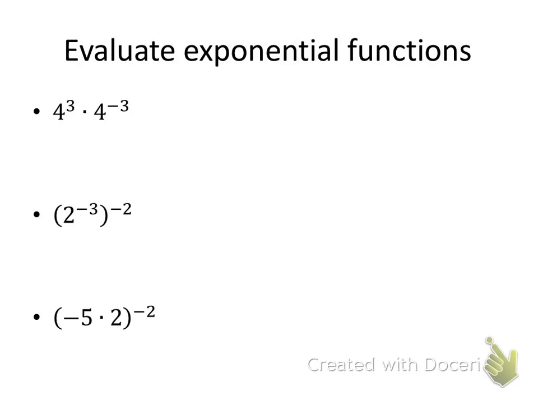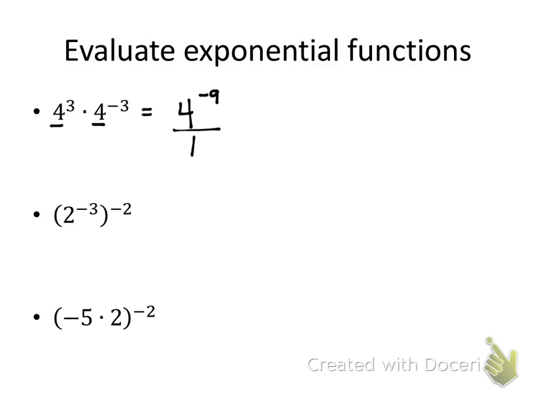All right, let's look what I have. First of all, before I do anything, let's follow our rules that we learned in 8.1, which is 4 and 4, those are the same bases, so I keep my base and I multiply the exponents. What is 3 times negative 3? Negative 9. Can I have a negative exponent?